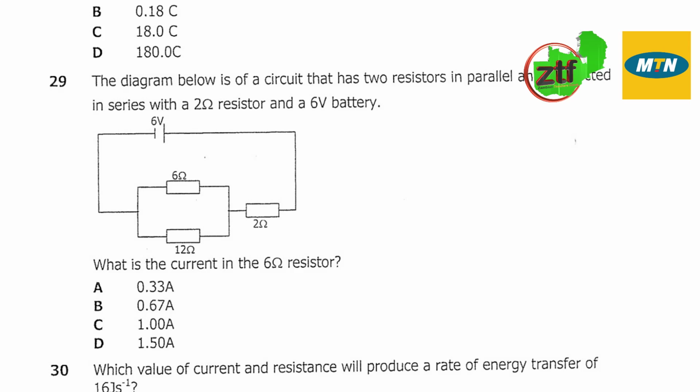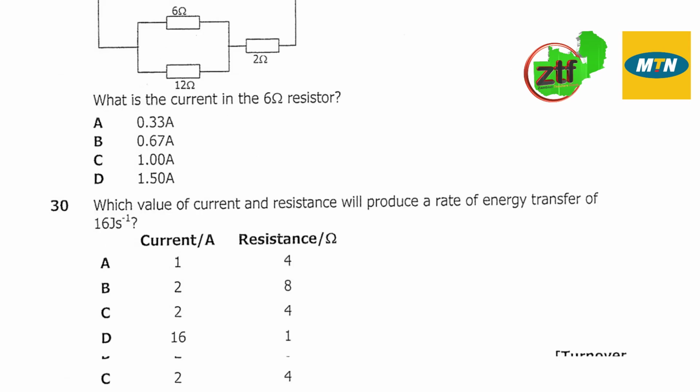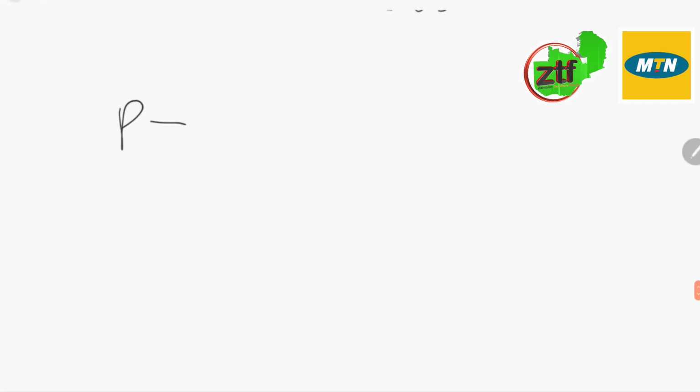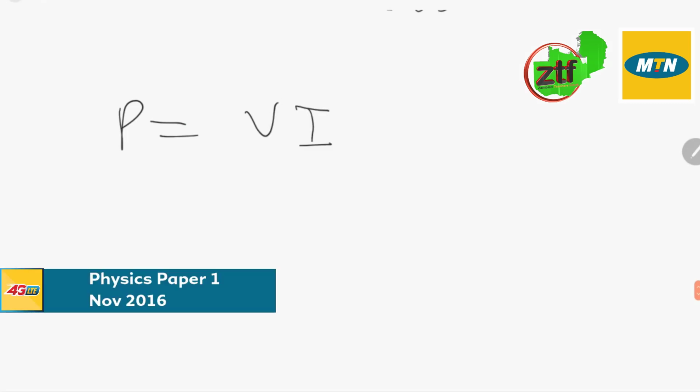Which value of current and resistance will produce a rate of energy transfer of 16 joules per second? This rate of energy transfer is actually power. So power is equal to VI. But when we look at the values that we are given here, we are not given the voltage.